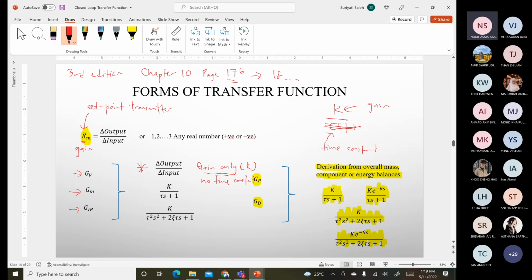So you get the gain in the form of GV equal to K. Sometimes it may be in the form of first order, like this, or second order. It depends on what kind of transfer function we give you. Normally, the standard is either gain only, first order, or second order. So unlike the GP and GD, which you need to derive, for the GV, GM, and GIP the information is directly given to you, so you don't need to worry about that.